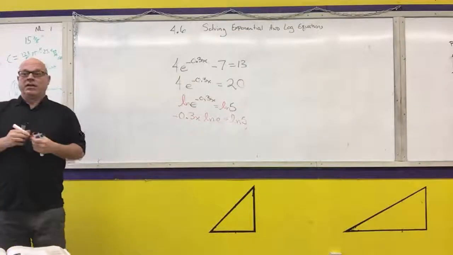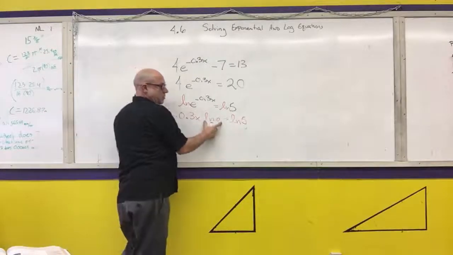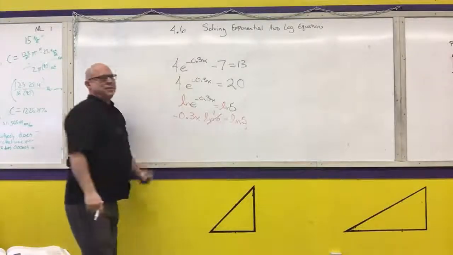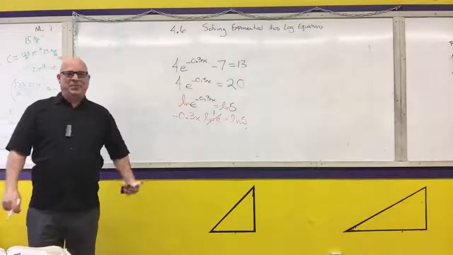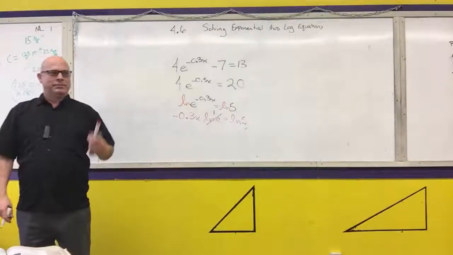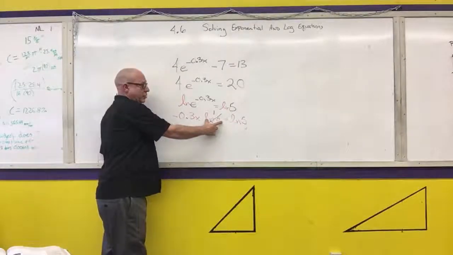And the natural log of e gives me 1. That's a log base e of e, and we just said that the log base squiggle of squiggle is 1. That's the whole reason why I took the natural log.